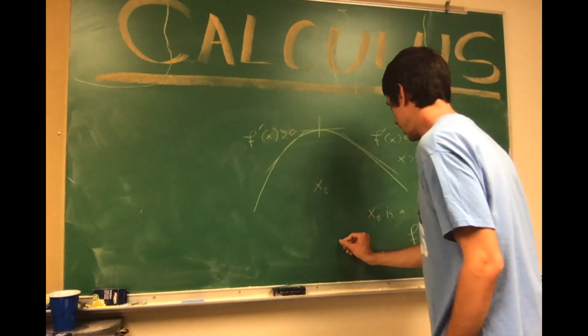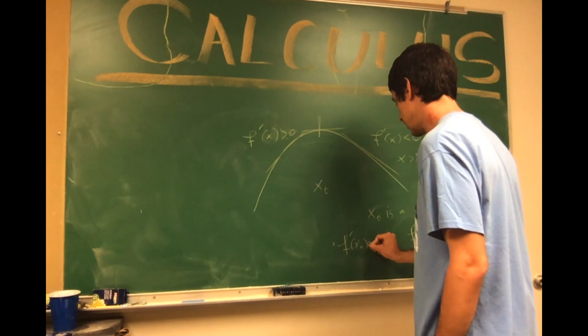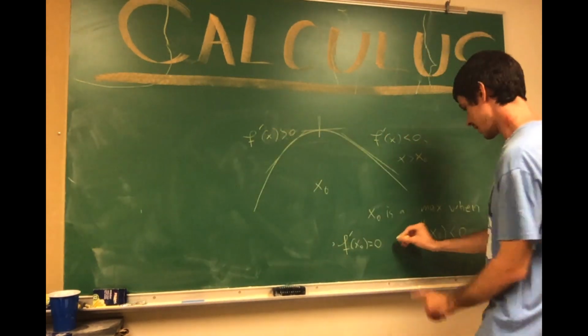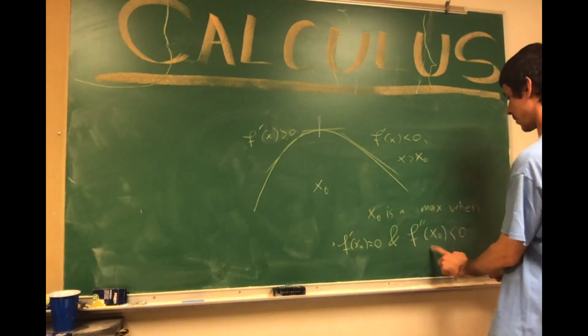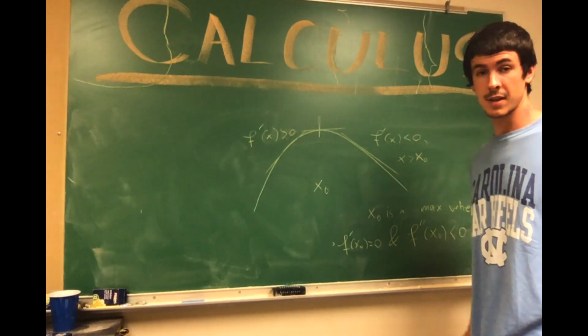When one, f prime of x0 equals 0, right, it's leveled out, and f double prime of x0 is less than 0. This ensures that there is a maximum.